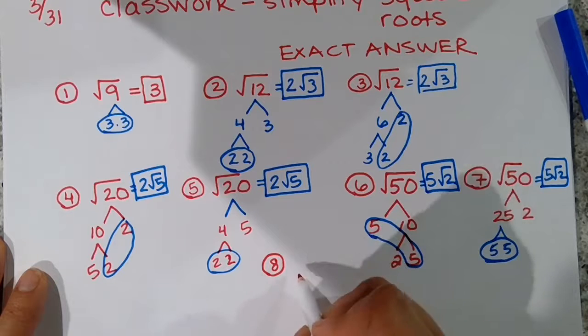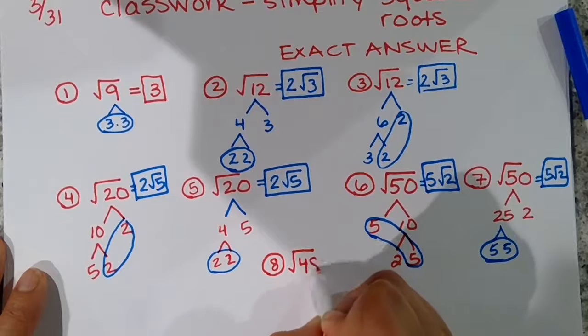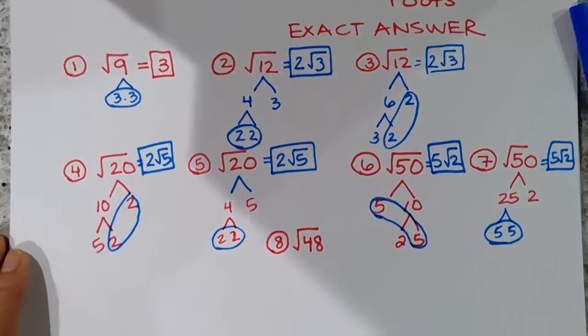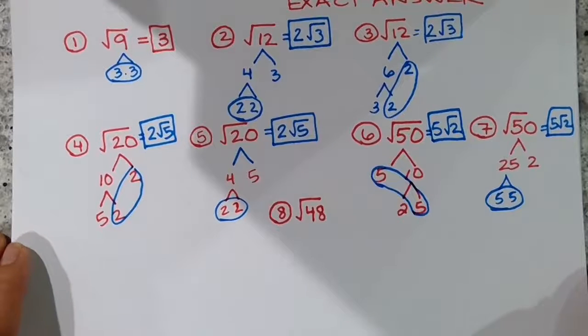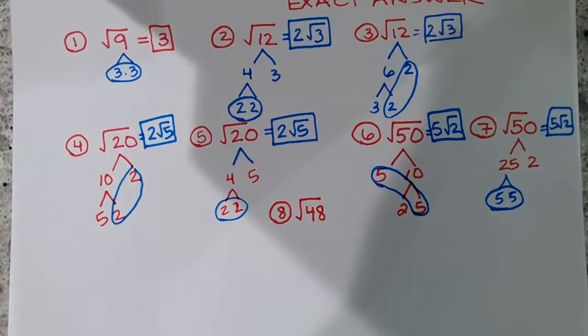Okay, so this one is the square root of 48. So break apart what gives you 48. Now, the fastest way would have been to pick the greatest perfect square. So the greatest perfect square that goes into 48 is going to be 16. And you can break that apart.